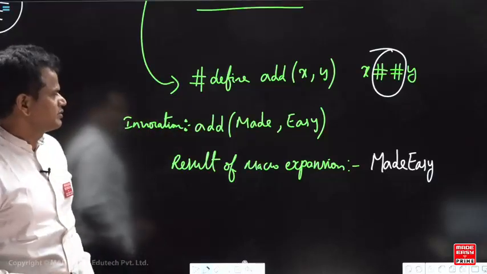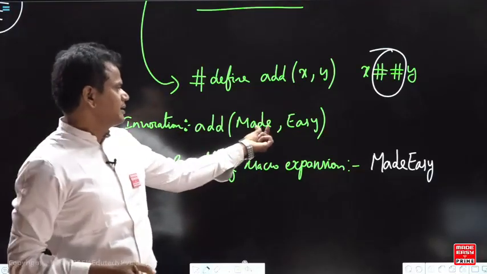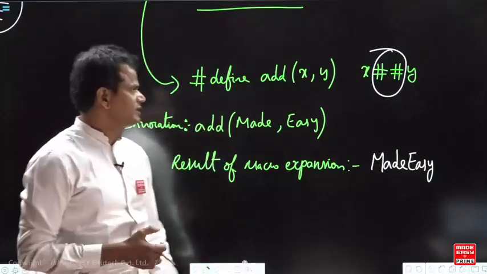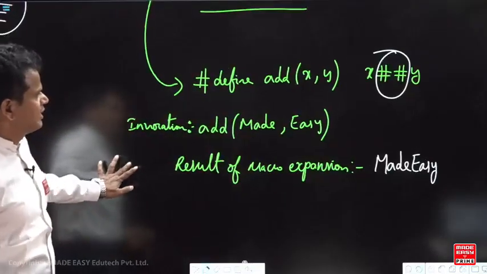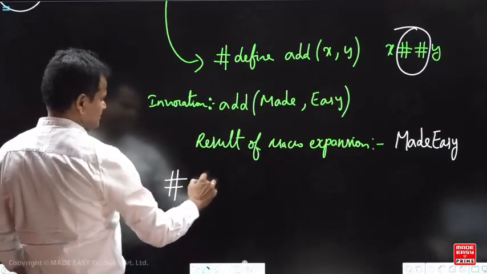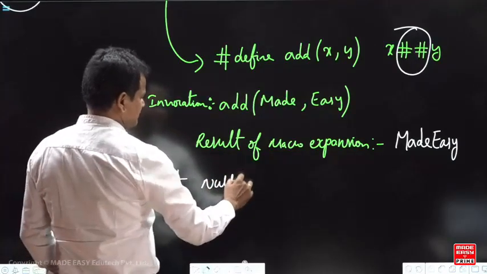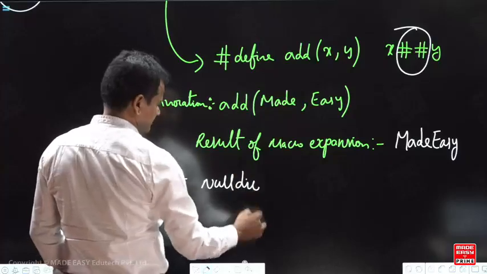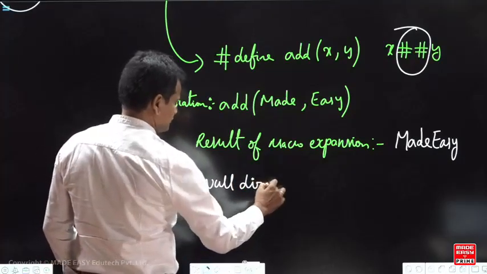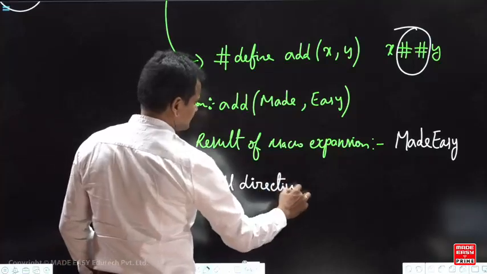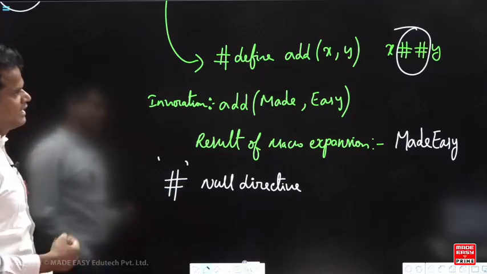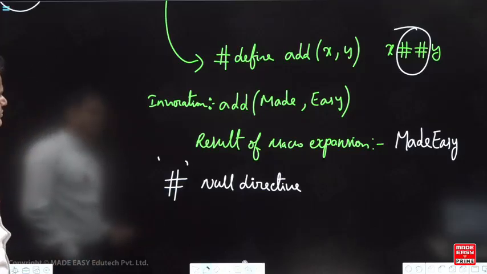Whatever you pass, suppose compiler design, then the result will be compilerdesign as one word. This is the function-like macro. And already I told you, single hash is a null directive, used to do nothing. Single hash is the null directive, and double hash is to concatenate.